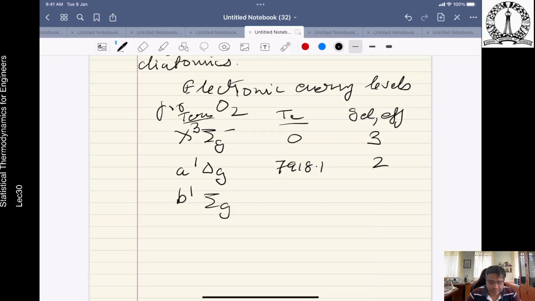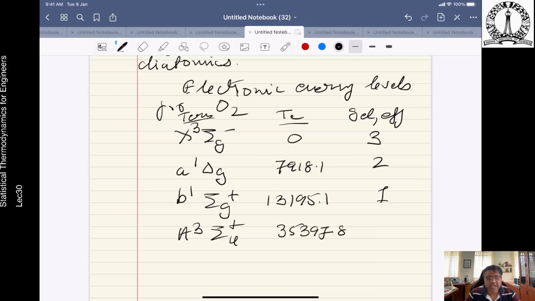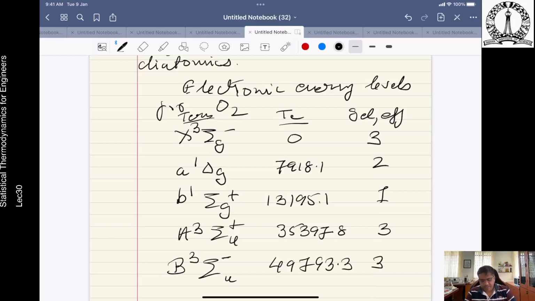This is just a recap so that you get the idea. So this was the oxygen electronic energy levels, which we already know.